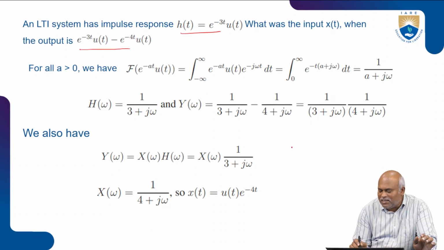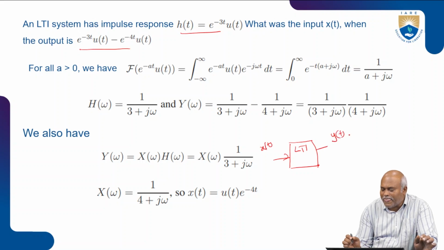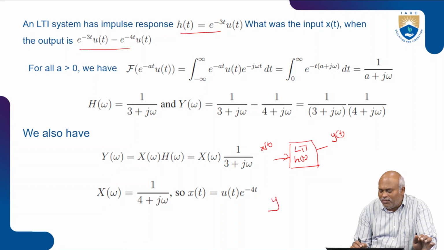That means this is an LTI system. We give an input and it produces output y of t. This LTI system response is called h of t. Now y of t is equal to x of t convolved with h of t.